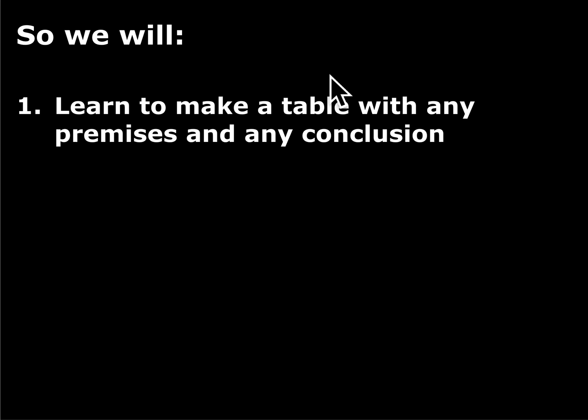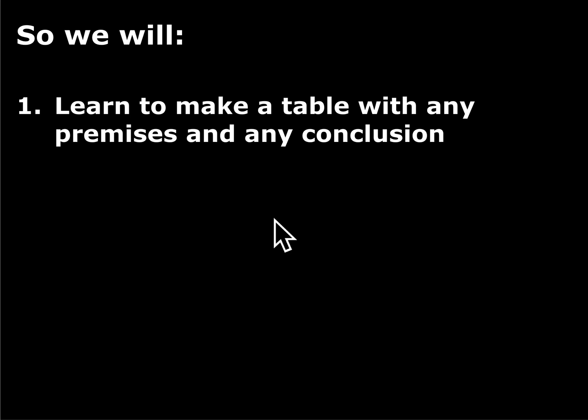So what we're going to do, starting in the next video, is to generalize this process to overcome these limitations. The first thing we're going to do is learn how to make a truth table that has any statements on it, not just those particular statements that were on that table, but to generate a table that has any statements that we want on it, including sets of statements that have more than 2 atomic statements, right, 3 or 4.